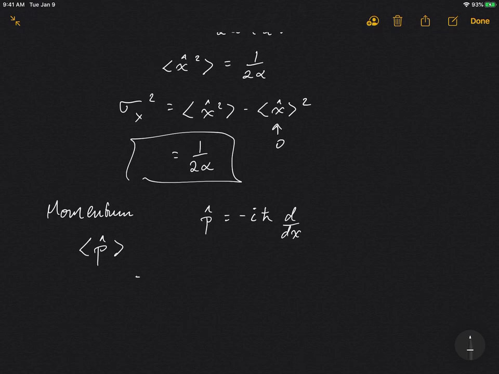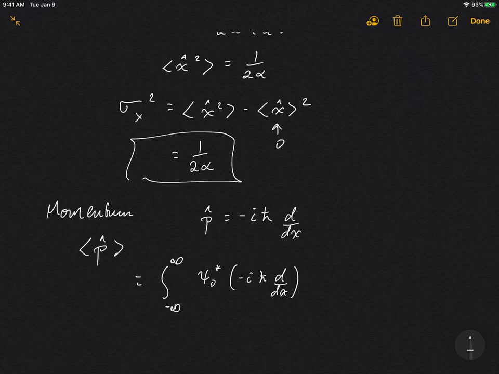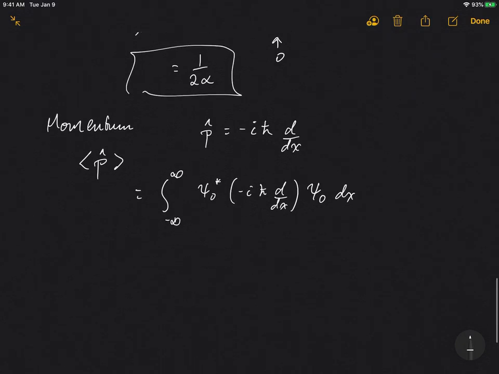And so our expectation value for the momentum operator is this sort of operator sandwich where we integrate from minus infinity to infinity of psi 0 star, then minus i h bar d dx, psi 0, dx.